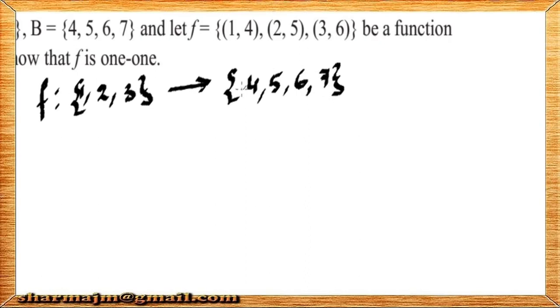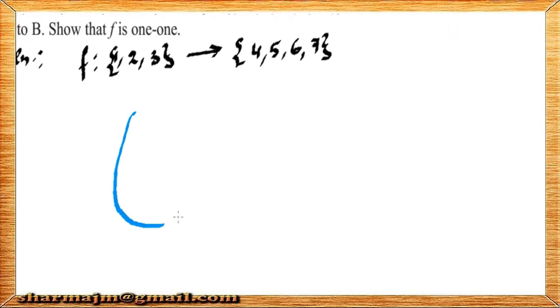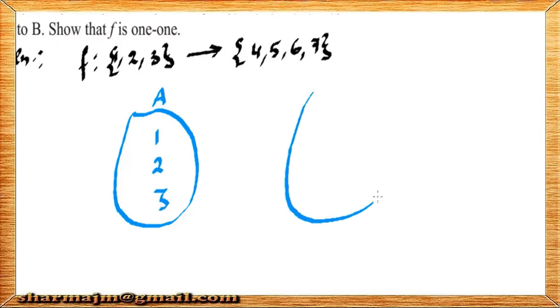Okay, and this function is defined as this. So we apply this definition. Let us make some diagram. It is set A containing elements 1, 2, 3 and here we have a set B.